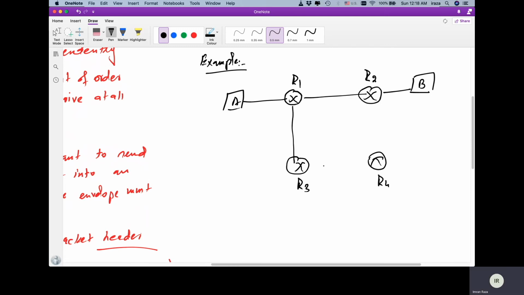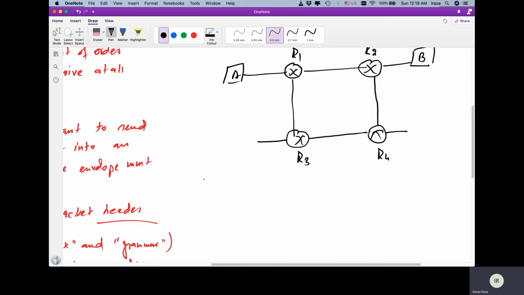So R1 is connected to R3, R3 is connected to R4, and R4 is connected to R2. Right, and let's suppose that the path that has been chosen to forward data from A to B is this. The path is A to R1, and from R1 to R2, and from R2 to B.